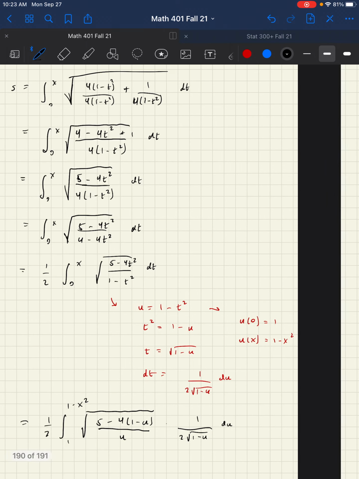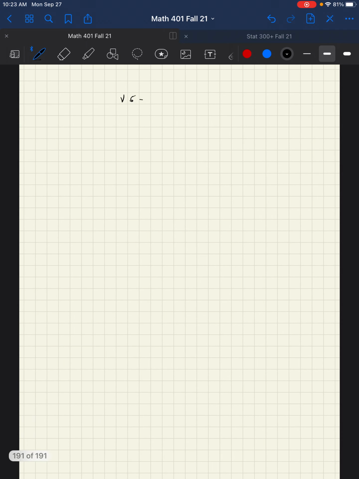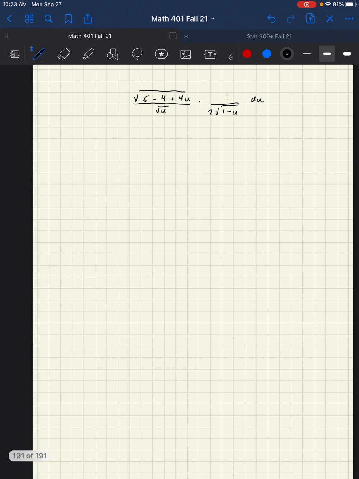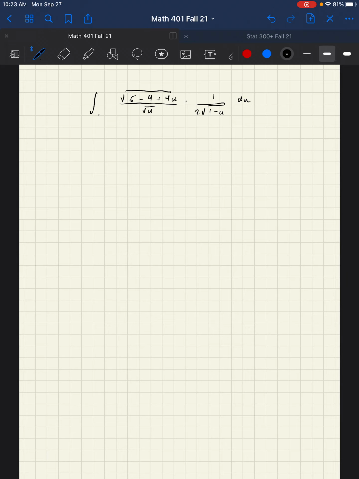Okay, let's see if we can clean this up. So the numerator here, I'm going to split this up in two. Square root of 5 minus 4 plus 4u, all over square root of u times 1 over 2 square root of 1 minus u du. Is this going to help us? Maybe.